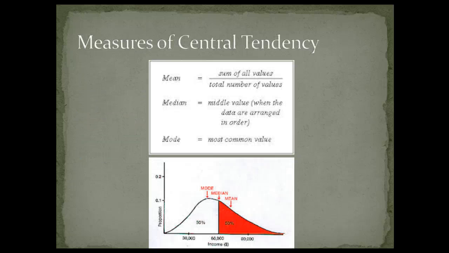The measure of central tendency is simply measuring the middle using the mean, which is the average; the median, which is when you line up the values from smallest to largest, which one is in the middle; and the mode, which is the value that occurs most often.